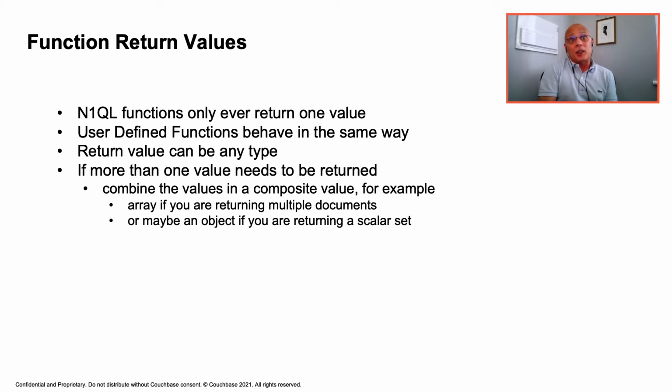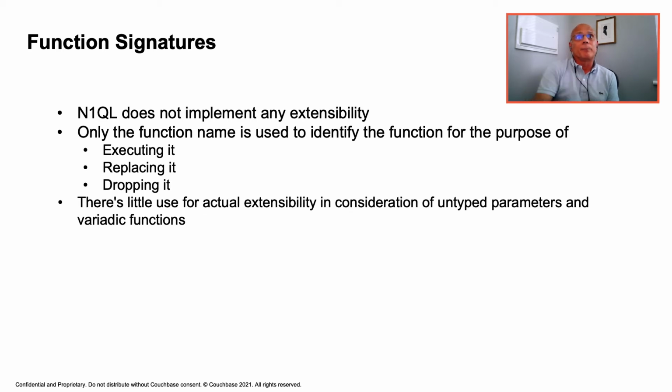But this is not a limitation in that if you want to return more than one value, much like you would do in a relational engine, what you can do within your function is combine all the values that you want to return into an array, which is a value. If you want to return, say, multiple documents, or if you want to return a structure, you can just create a JSON object and that returns values arranged in a structure. So same functionality in a slightly different delivery.